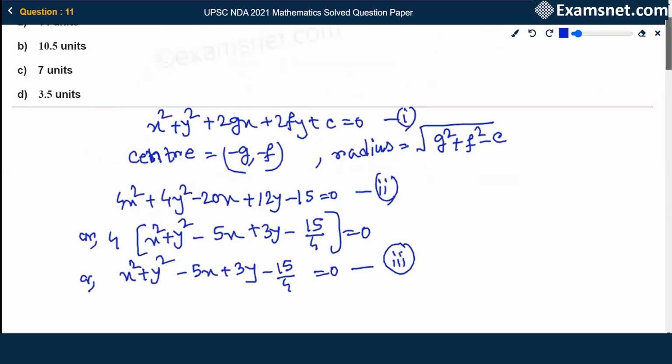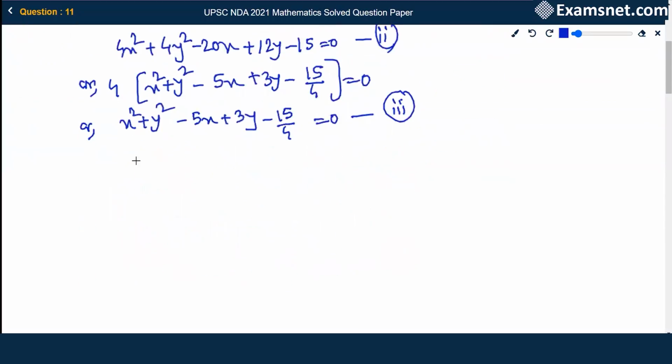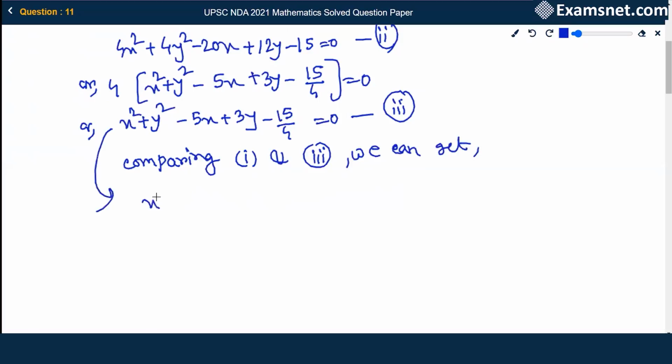Now, comparing 1 and 3, we can further simplify it as x² + y² + 2(−5/2)x + 2(3/2)y + (−15/4) = 0, just to get the exact form of 2gx and 2fy.